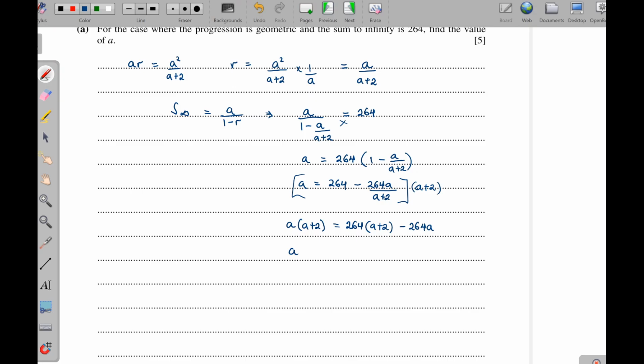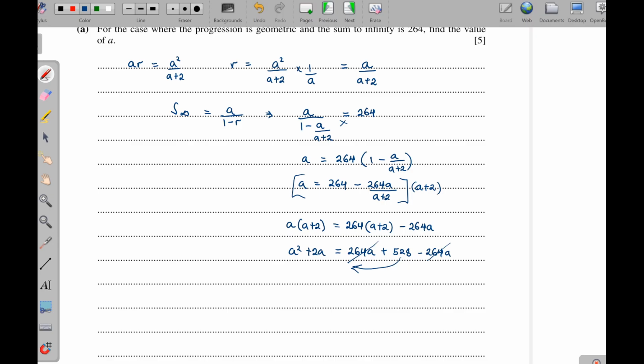So opening the brackets, this will be a squared plus 2a, which is equal to 264a, then plus 264 times 2. 26 times 2 gives us 52, then 4 times 2 gives us 8, so 528. Then minus 264a. That means this one is going to cancel that.